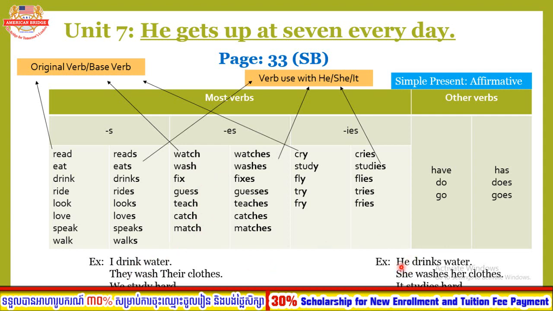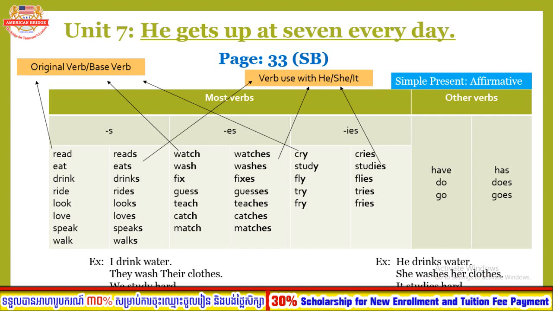But you know when we use it with he, she, or it: he drinks, drink with s. She washes, because it ends with sh, so we need to add es. So she washes her clothes. It studies hard. So you see, because we use it with it, study here ends with a consonant and y, so we need to change y to ies.